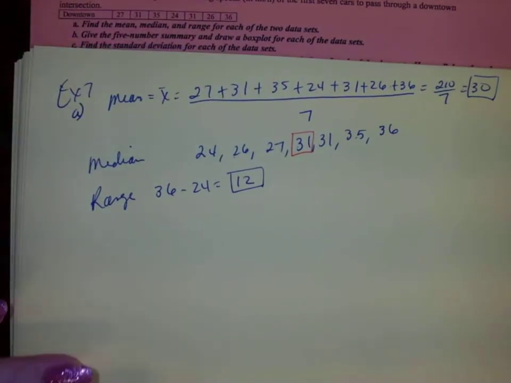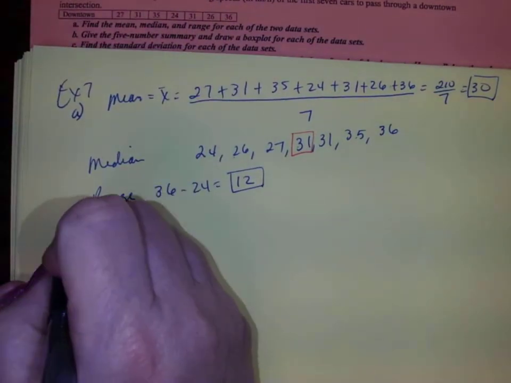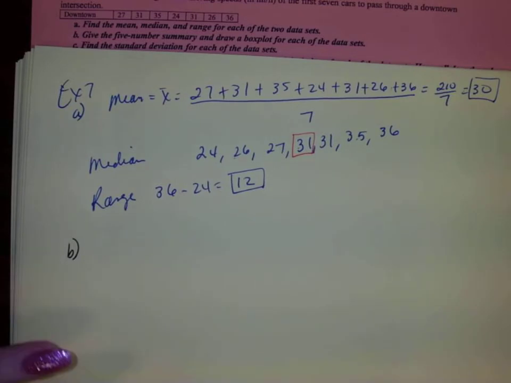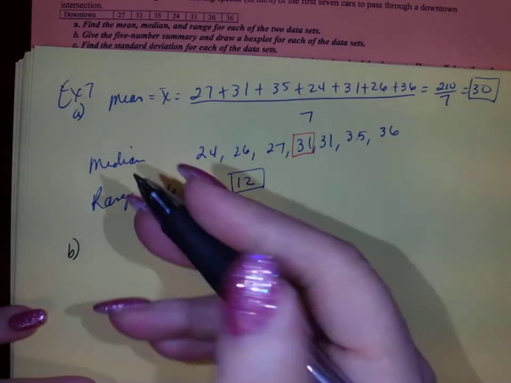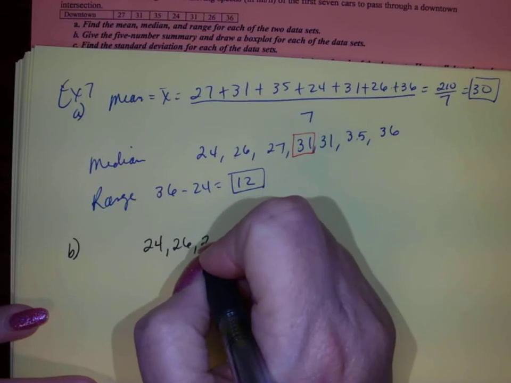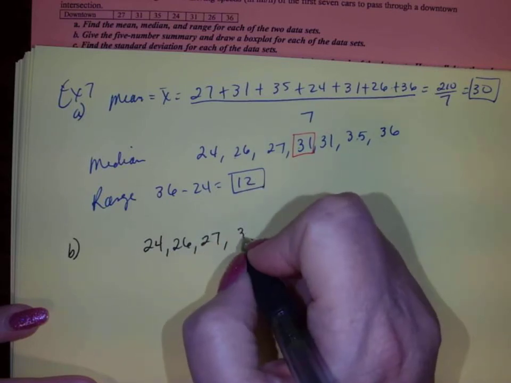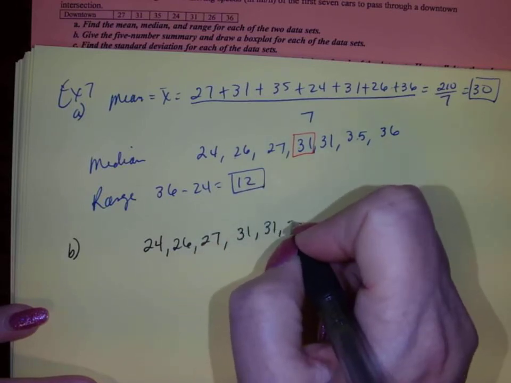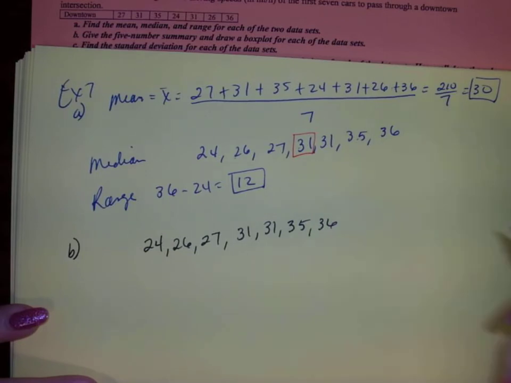All right, part B says to give the 5-number summary. So 5-number summary, we've got to find the median for everything else, right? So I'm going to rewrite my list of numbers. We've got to find the median for the lower half and the median for the upper half, our min and our max.